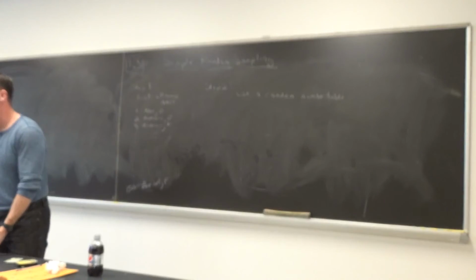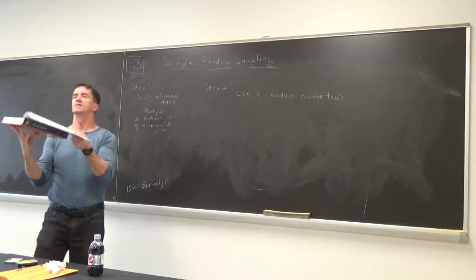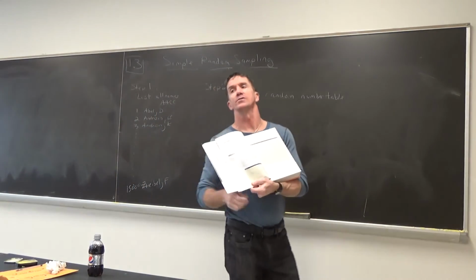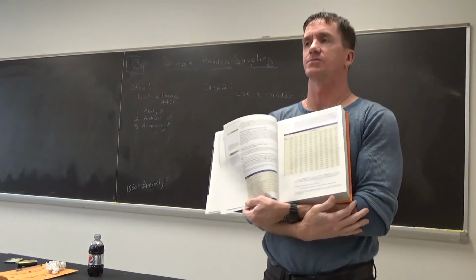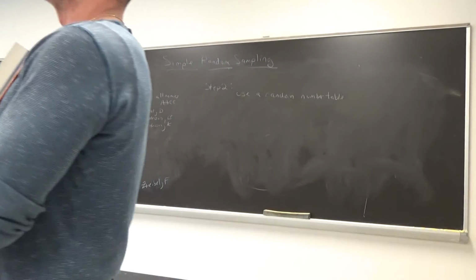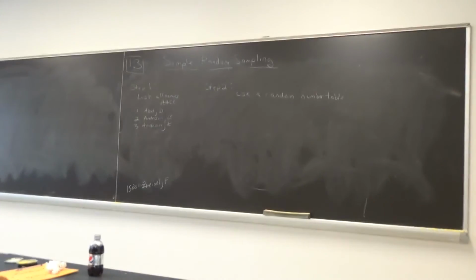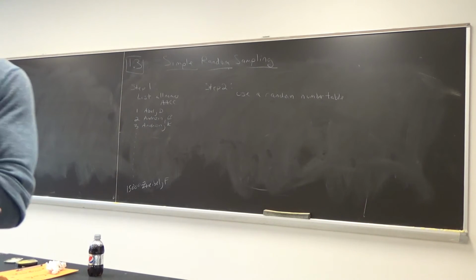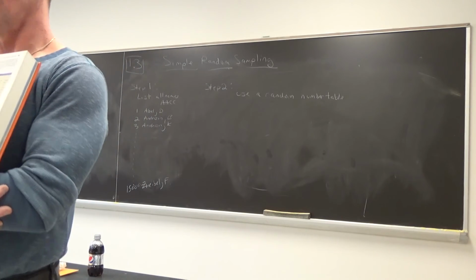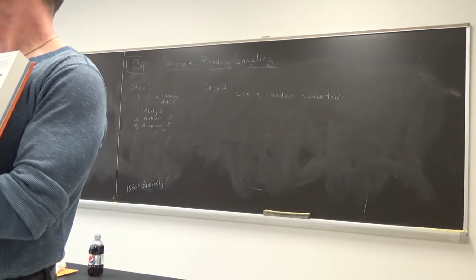So, if you have your textbook, go to page 25. If you don't, I'll just walk around and hold this up and you can look at it. Or write down page 25. Or everyone, feel free to Google random number table, and you'll just get web pages like this. It's just a bunch of numbers. It's a random number table. Why are there columns between them? To make it easier to read.